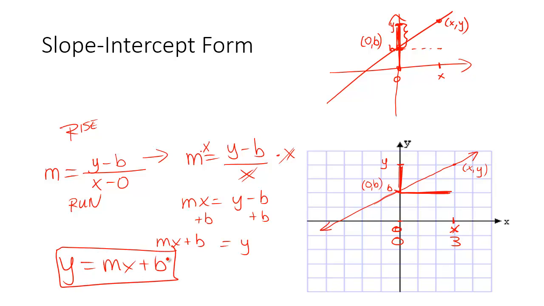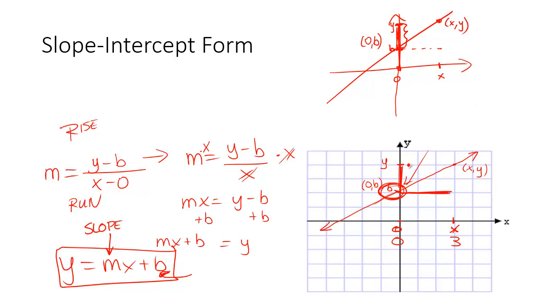what part is the slope? m is the slope. And what does b mean? The y-intercept. Because that's what we called it, remember, right here?